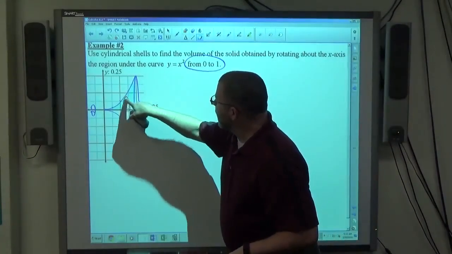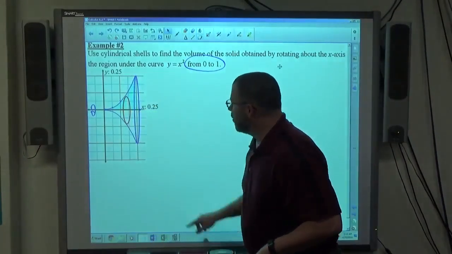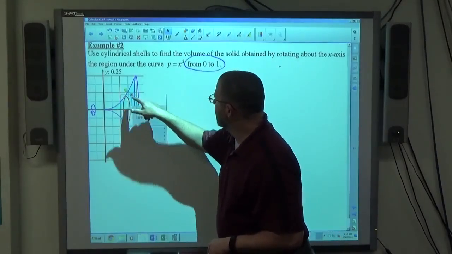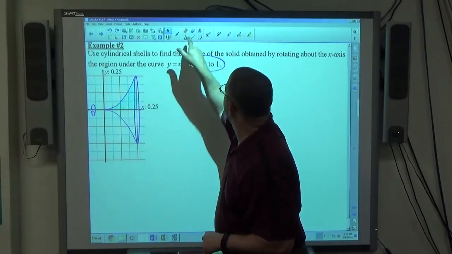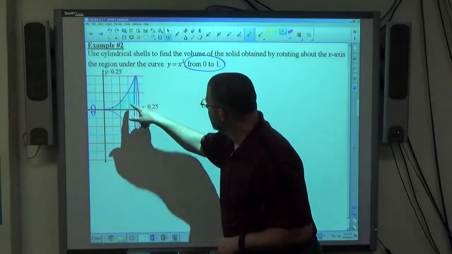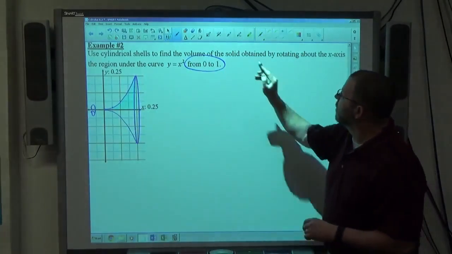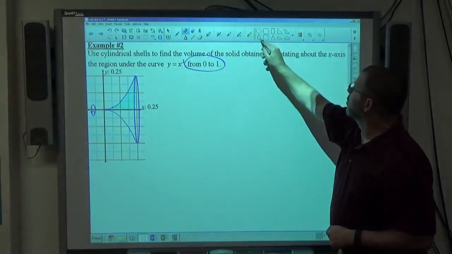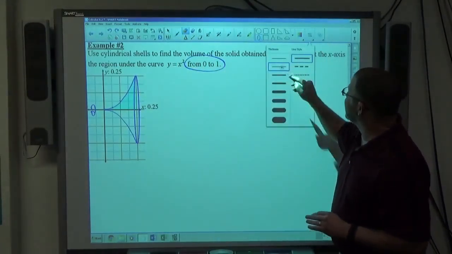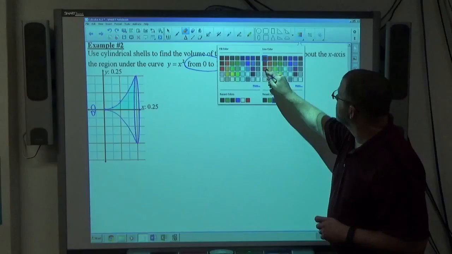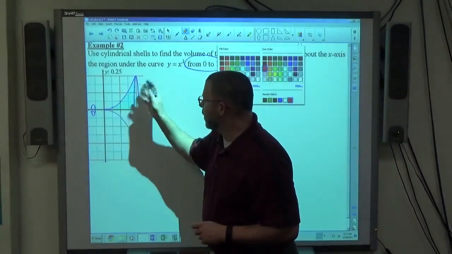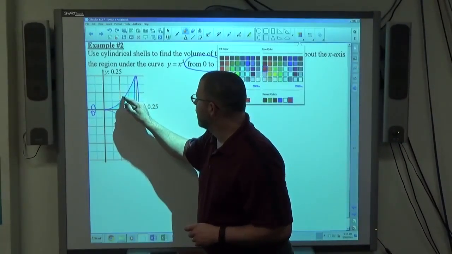So, with the technique they're asking us to do, the cylindrical shell method, if I were to draw a cylindrical shell again, let me reiterate, this is a hollow shell. Let me just put it wherever, it doesn't matter where.